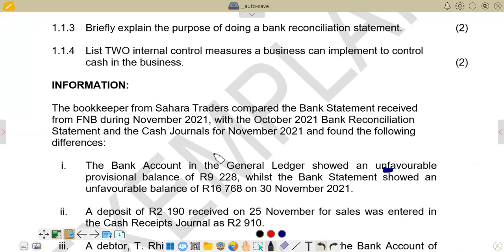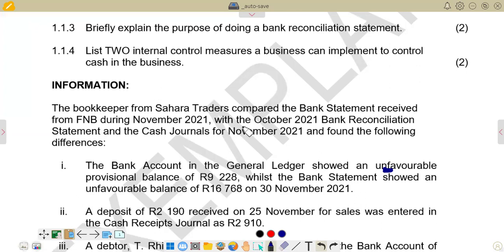Remember, the bank account balance in our ledger should be the same as the bank statement balance, because what is recorded in the bank should be recorded in our books in the bank account in the ledger. Whenever there's a difference between the bank account balance at the end of the period and the bank statement balance at the end of the period, that's where we are required to prepare a bank reconciliation, whereby we are reconciling the balance of the bank statement and the balance of the bank account.